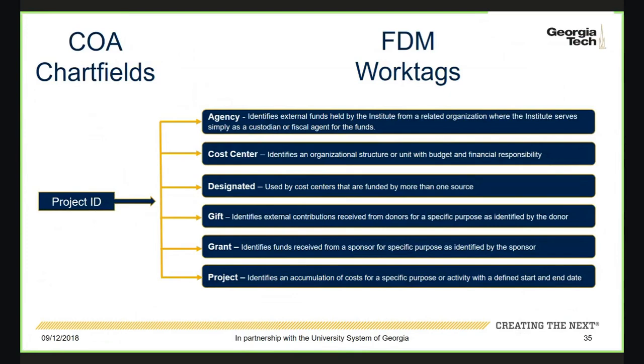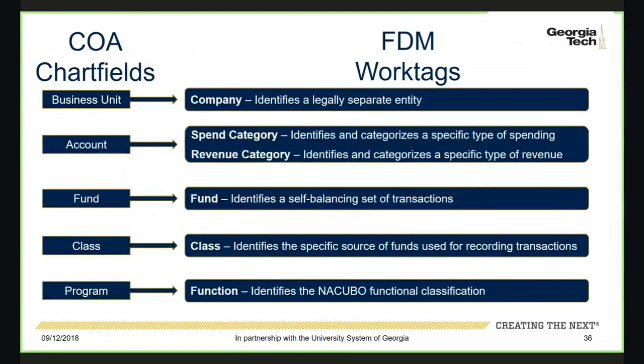The mapping activity would not be complete without the crosswalk of business unit, account, fund, class, and program. The ERP's FDM team, along with staff from the controller's office, will handle the mapping of these chart fields.